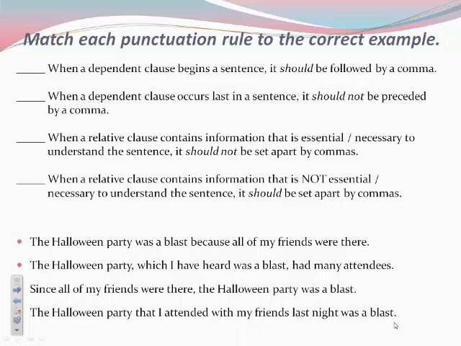So for example, the Halloween party was a blast because all of my friends were there. First thing you want to do is find the dependent clause in the sentence. After you've found it, decide whether it's subordinate or relative, and then pick which punctuation rule goes with that sentence. So go ahead and pause the video, and when you think you have your answers, press play.